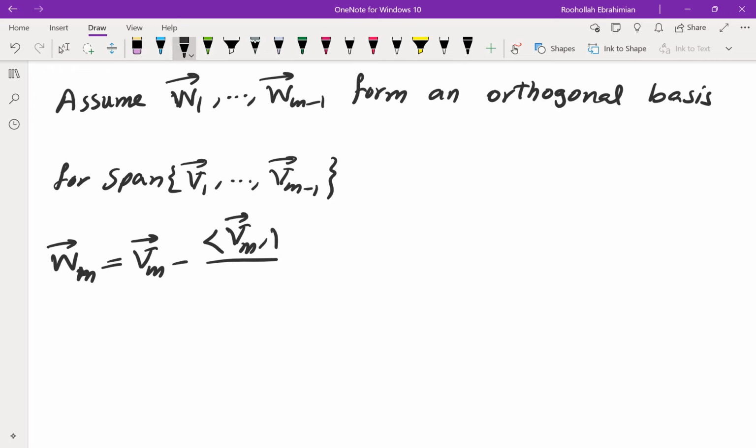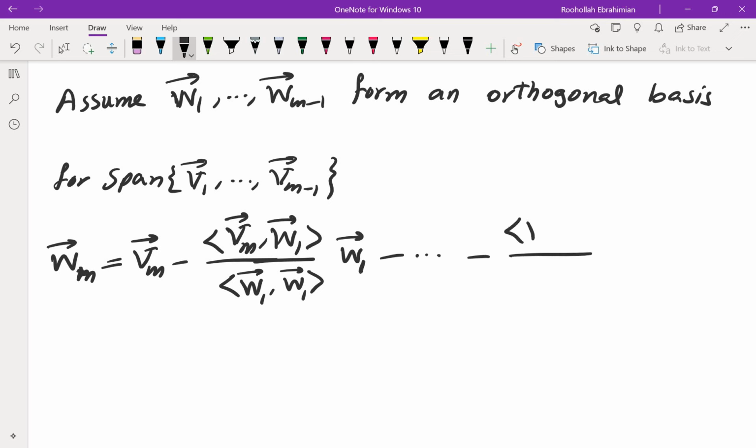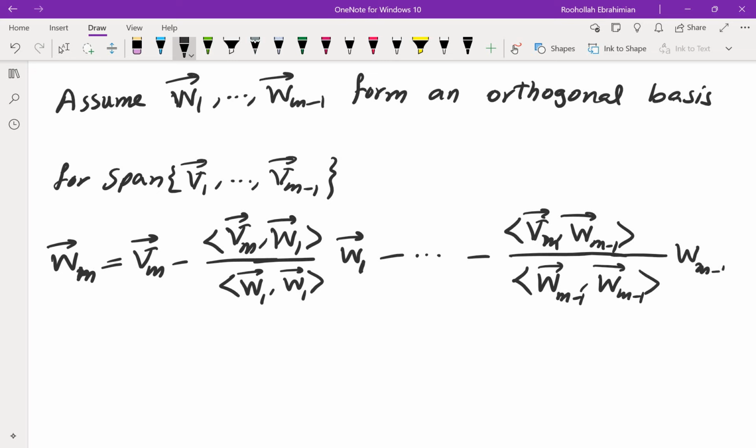So vm minus the inner product of vm and w1 divided by the length of w1 squared times w1, and so on, up to minus the inner product of vm and w(m-1) divided by the length of w(m-1) squared times w(m-1).